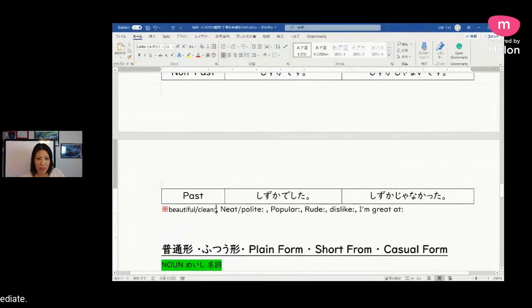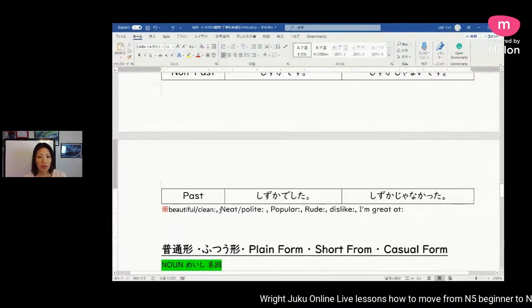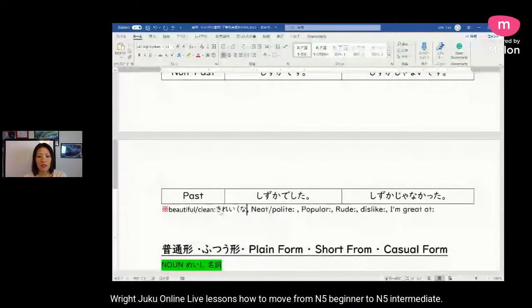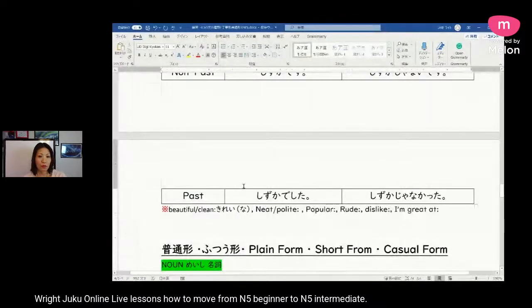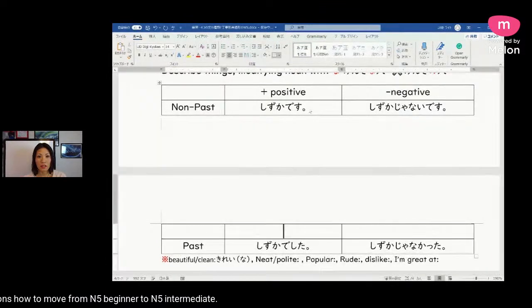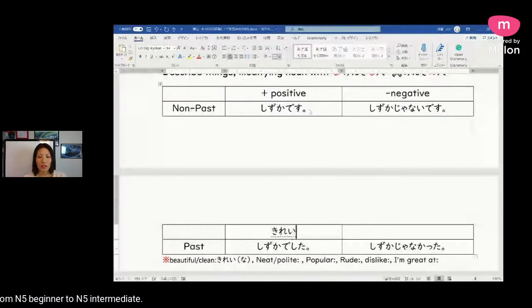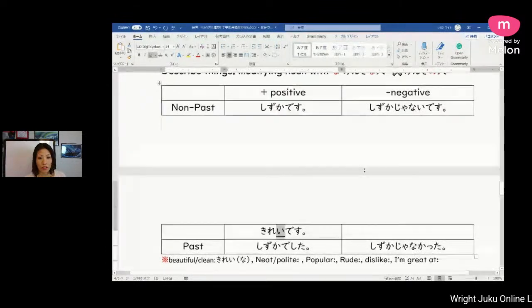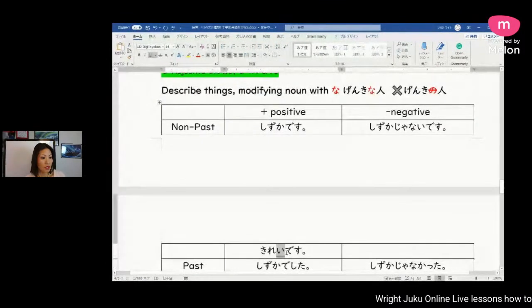Some na adjectives appear like e adjectives. For example, this one, beautiful and clean, do you know? That's きれい. It's actually not an e adjective. When you use きれい in a sentence, きれいです, it looks like an e adjective, so some people think, oh, this is an e adjective.